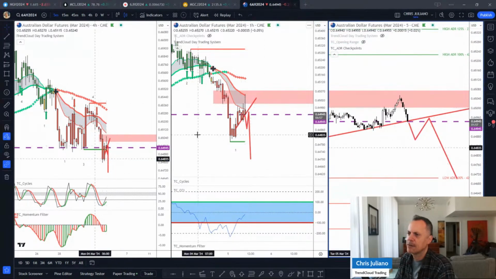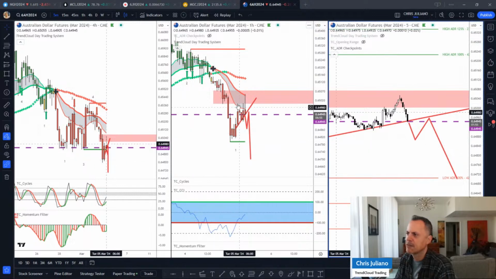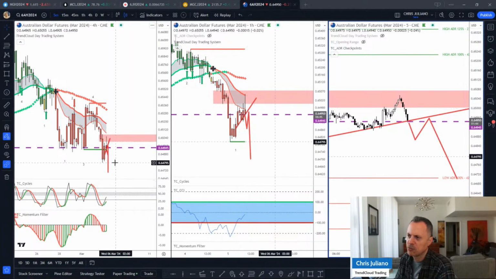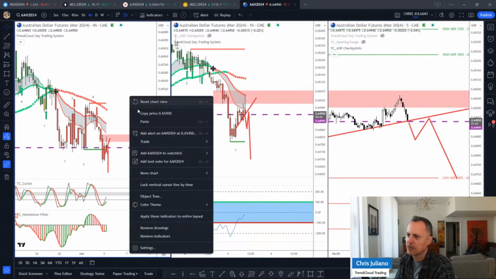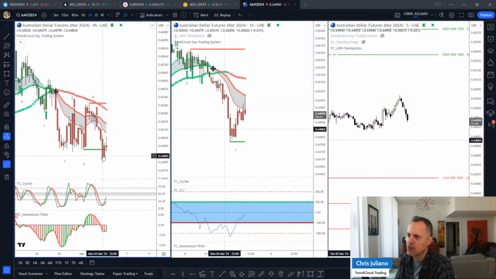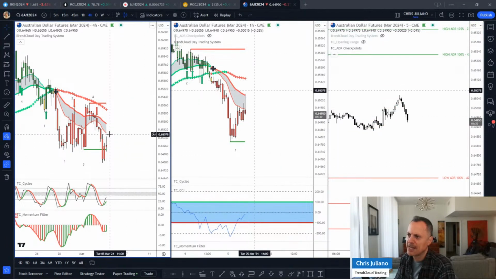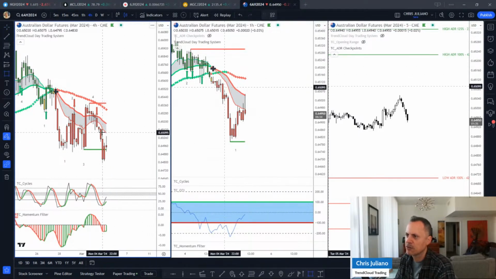Taking the momentum and trend into consideration, we're simply saying this corrective move is not going to reach all the way up here into this trend cloud.